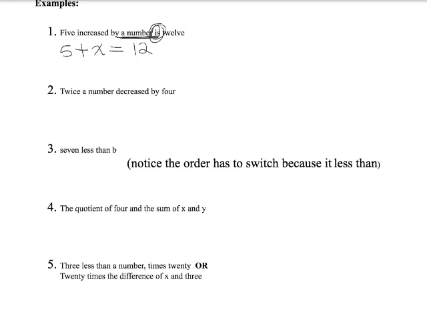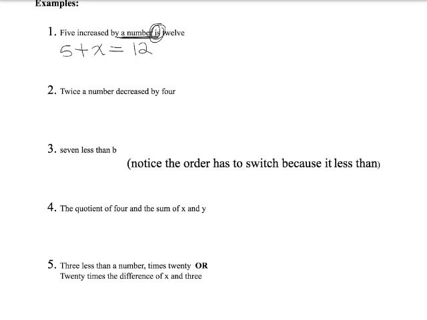Try number 2. Twice a number decreased by 4. To take twice a number, that means you need to multiply that number by 2. Remember, we're in algebra now, or pre-algebra, so we don't use things like dots or x's to show multiplication.